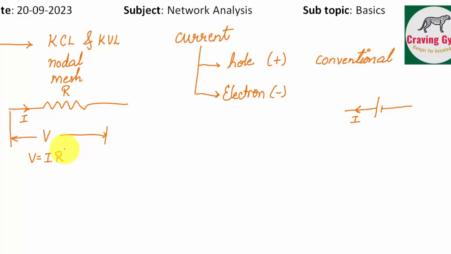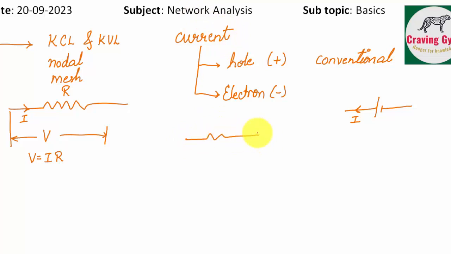In my engineering, the subject name was network theory. In a few other universities, the subject name was circuit theory or circuit analysis. Now what is the difference between networks and circuits? In the case of a network, at least you will be having one open path.